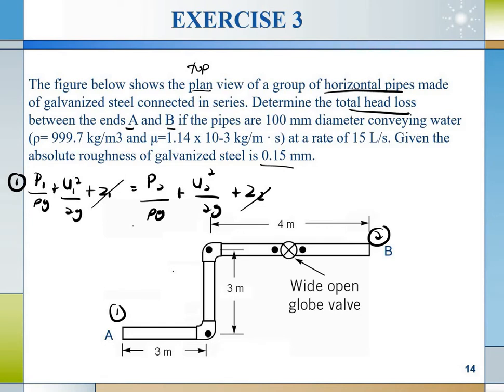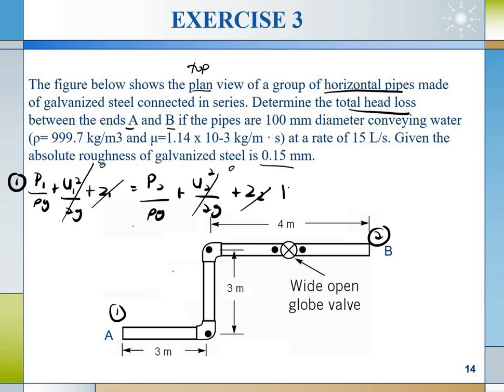So we can also cancel out the velocity term, the kinetic term, because there is no difference in the area of the pipe. So the velocity is constant.